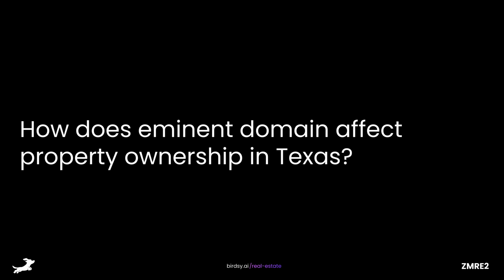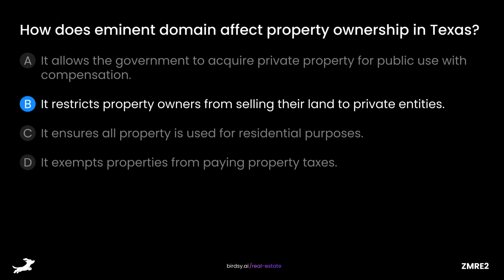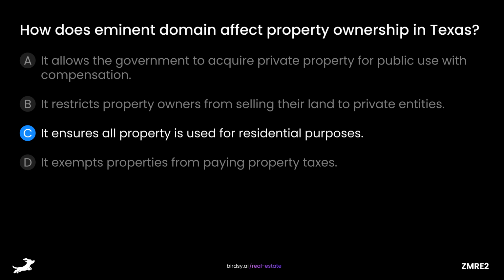How does eminent domain affect property ownership in Texas? Is it A, it allows the government to acquire private property for public use with compensation? B, it restricts property owners from selling their land to private entities? C, it ensures all property is used for residential purposes?